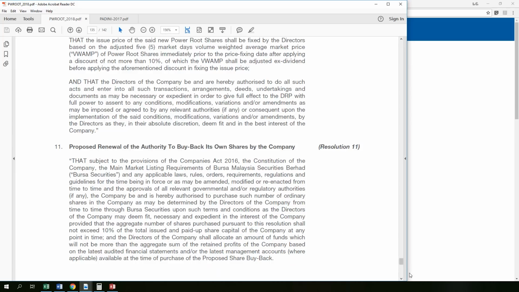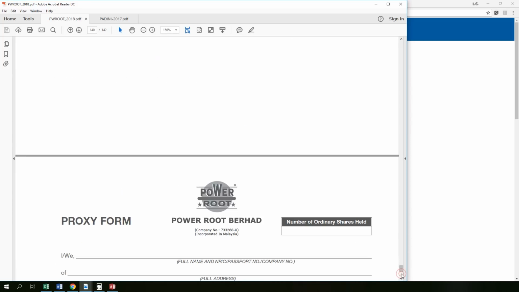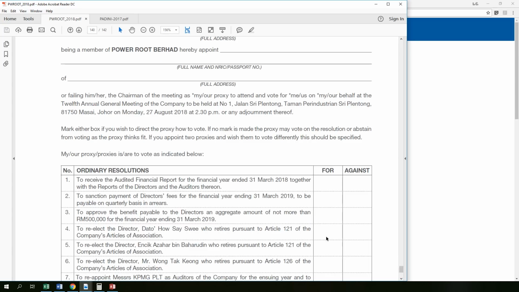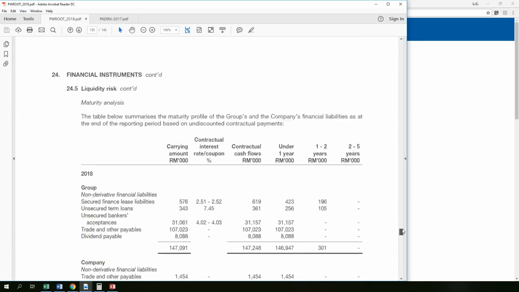Alright, I skip this for the time being. So they will be having the AGM on 27 August, 2:30 PM at JB. Alright. Last but not least, MD&A.